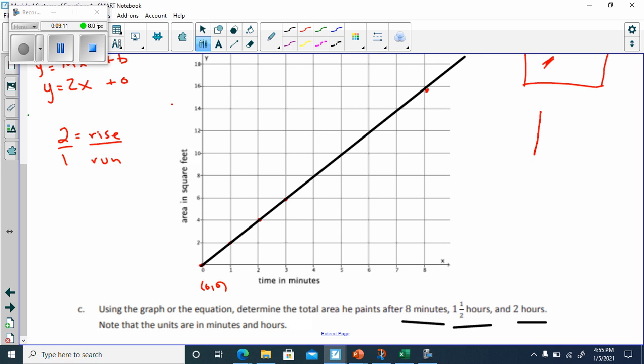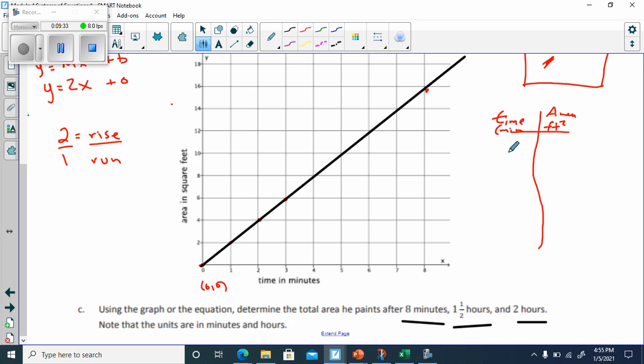Let's make us a little T-chart for values, okay? Make it easier. This is my time, because here's on your x-axis, is time in minutes. This here is my area in square feet.